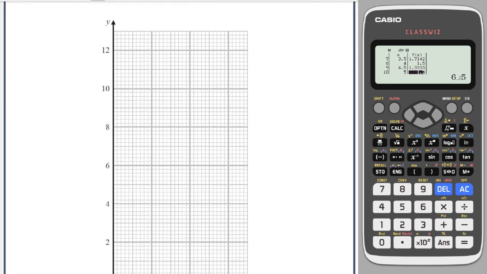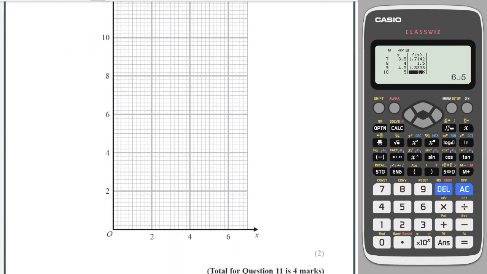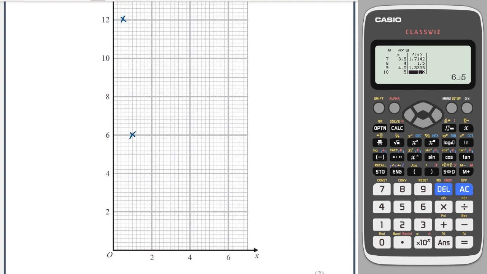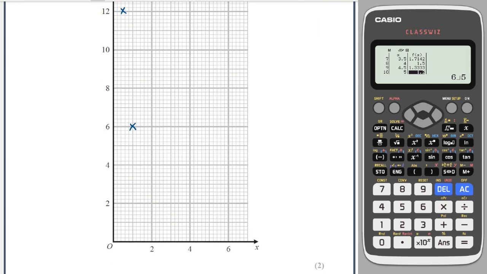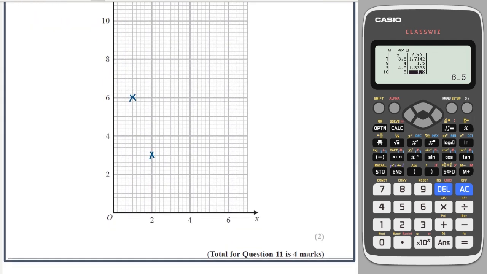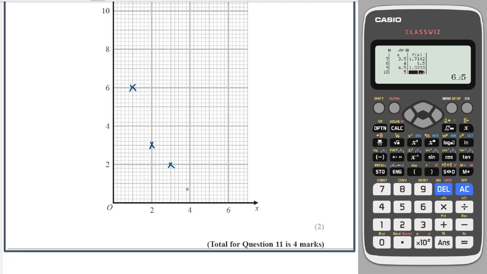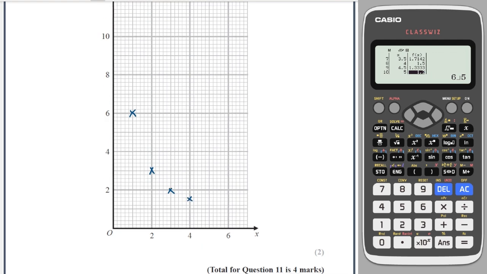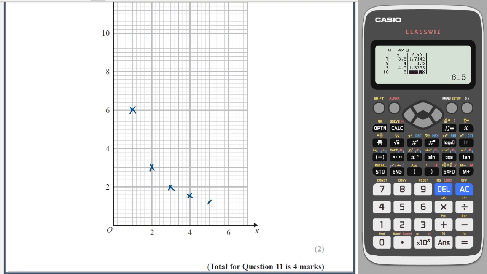And now we can plot. So we plot 0.5, which is here. We plot that at 12. And then we do 1 at 6, which is here. Just being really careful about how they space out the numbers. 2 is 3. 3 is 2. 4 is 1.5. 5 is 1.2, which is here.